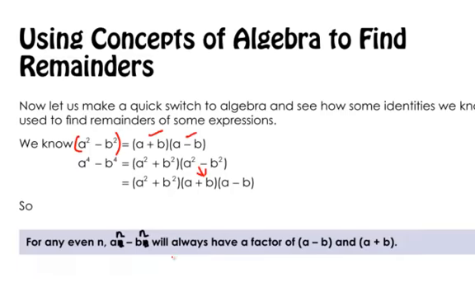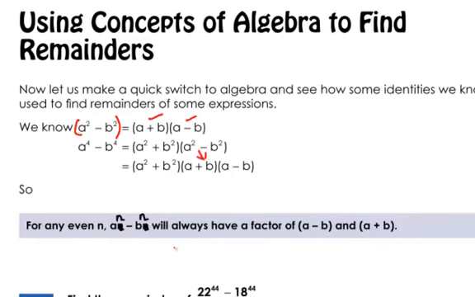So we can say that for every even n, that is when n is even, a power n minus b power n will always have a factor of a minus b and a plus b.